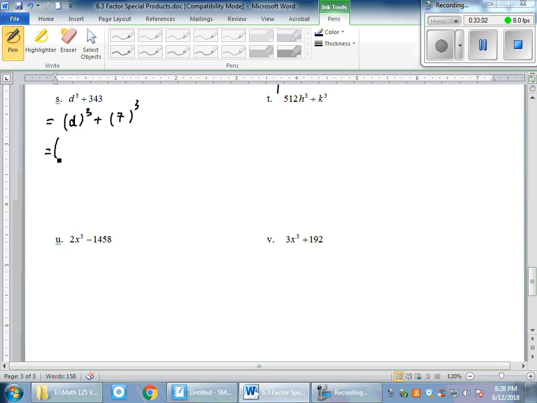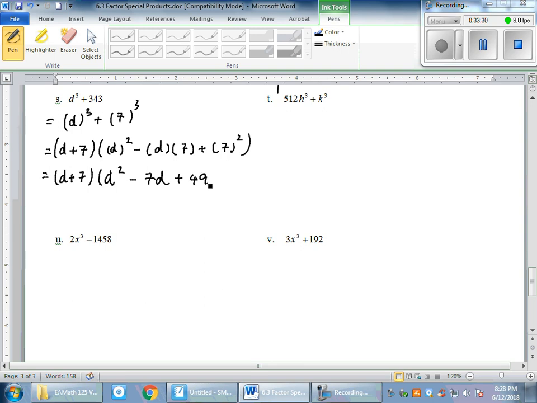According to the formula, first plus last, and then first square minus first times last plus last square. So this will be d times 7 and 7 squared. My final answer is d plus 7, d squared, first square, minus first times last plus last square, 49. And remember the sign pattern: same, opposite, always positive.